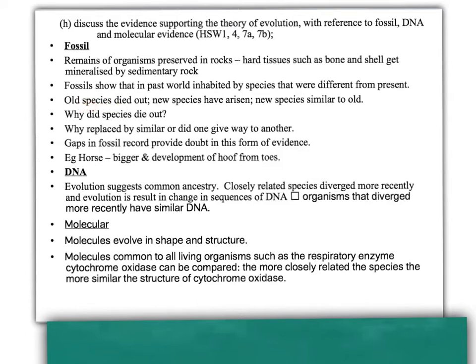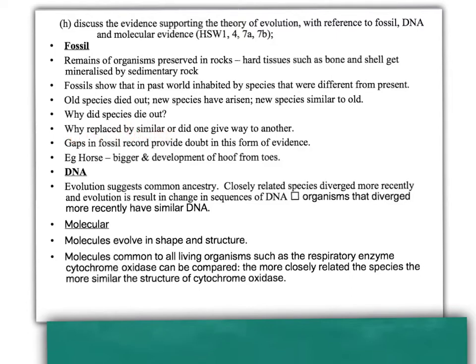They also show that lots of species have died out, and that new species have arisen. This brings us all sorts of questions about why particular species died out, a great debate over why the dinosaurs died out, and why new species have replaced old ones.